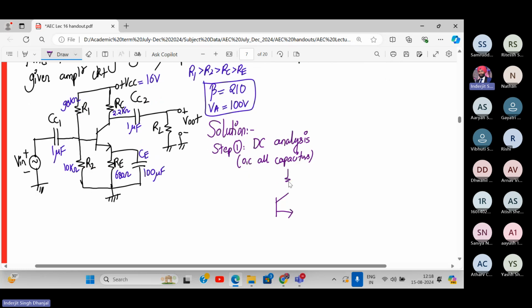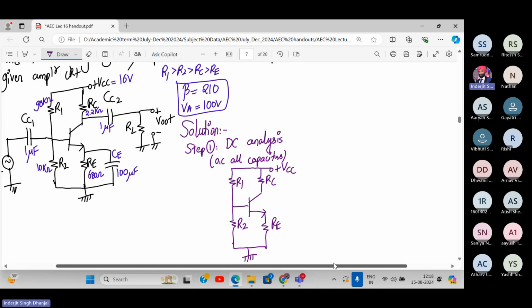The circuit will look like a voltage divider bias, like this. So this is VCC, R1, R2, RE, RC. This is going to the ground. Here it is. This is my circuit.